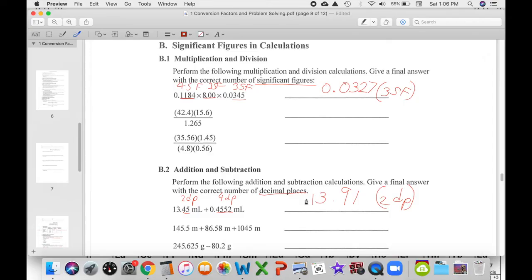So when you do your multiplication and division, first write your answer to the correct number of significant figures, then use those answers in your addition and subtraction, and then worry about the number of decimal places after that. Again, don't stress too much about that. You don't have any problem that complicated on this lab report, but in case any of you were curious, that's how you would approach that.